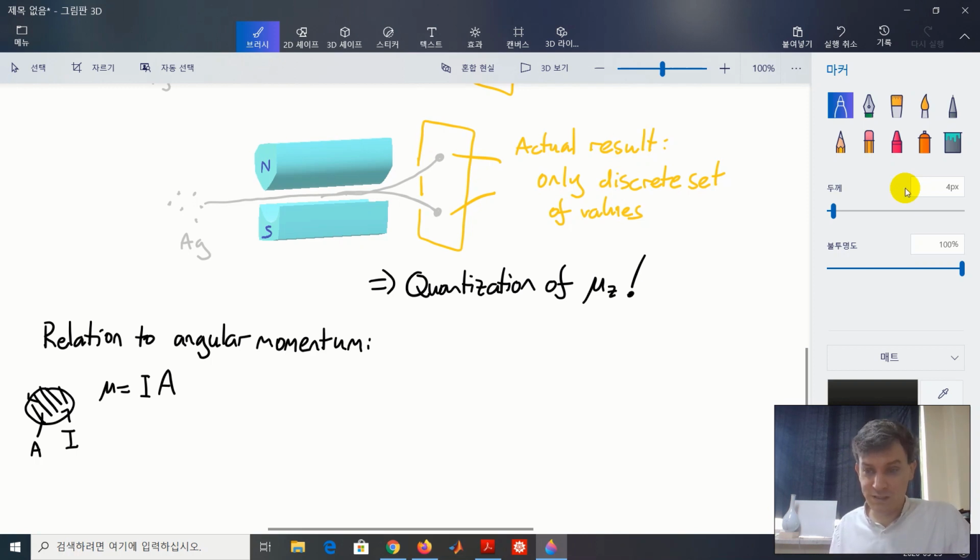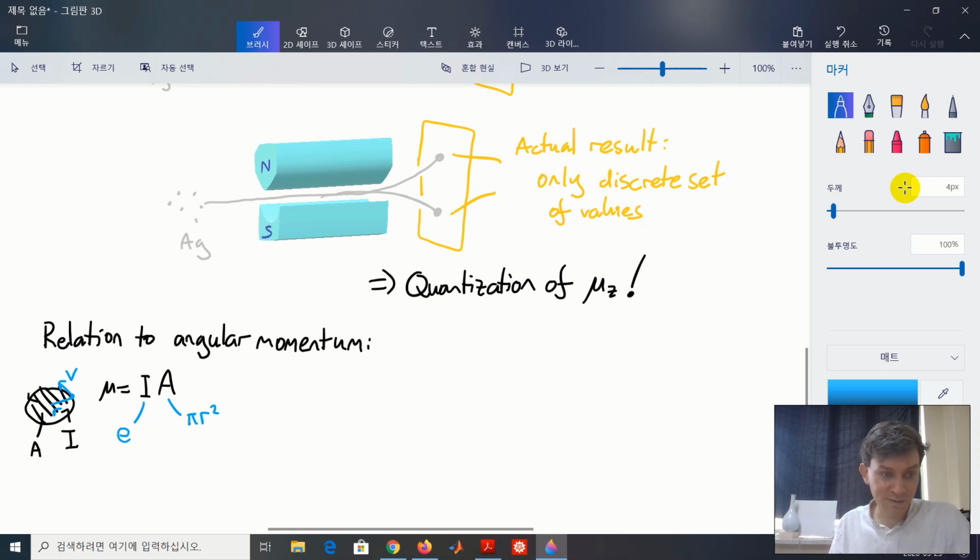But we can work out what this is for the atom, because for the atom we imagine that this is a single electron at radius r moving around this direction at speed v. Okay, so then the area is simply going to be pi times the radius squared. Right, that's the area of the circle. And the current, this is charge per unit time, right? And the charge on the electron is e.